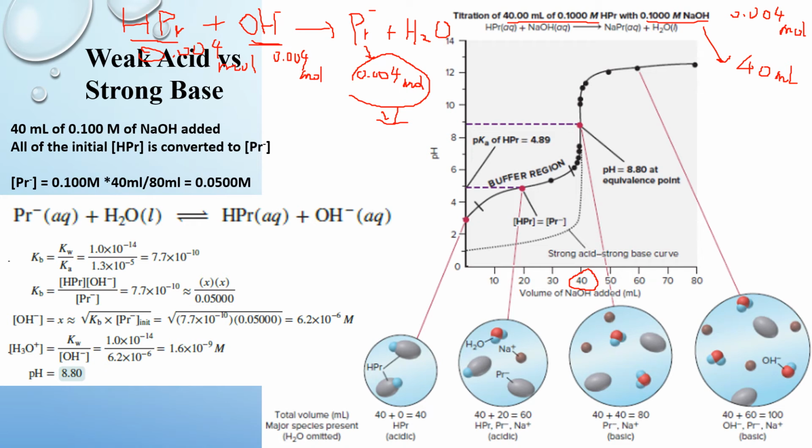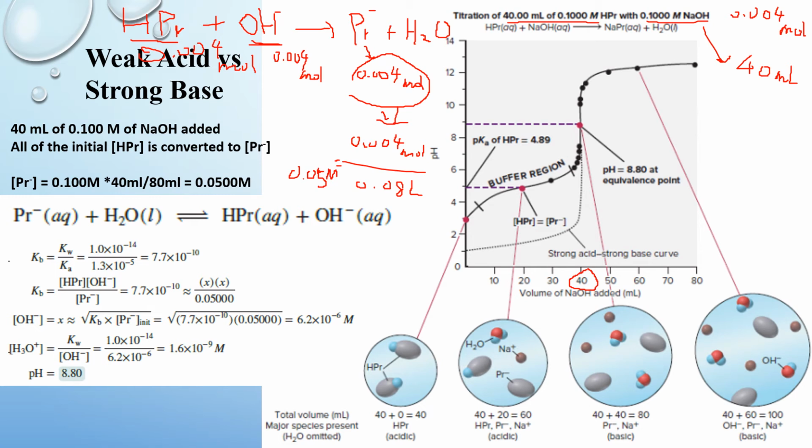We can use 0.004 moles divided by the total volume. We have 40 milliliters and add another 40 milliliters, so the total volume becomes 80 milliliters, which is 0.08 liters. So the final concentration for this conjugate base PR minus is 0.05 molar.